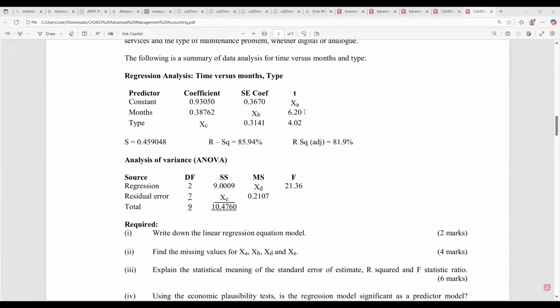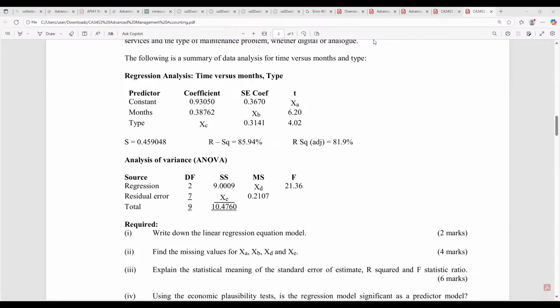So for this month row, I can see the T is 6.20. The coefficient has been provided as 0.38762, all over the standard error, and the standard error there happens to be XB. So yours will be to make XB the subject of the formula.